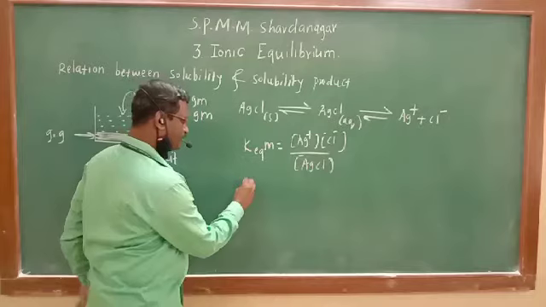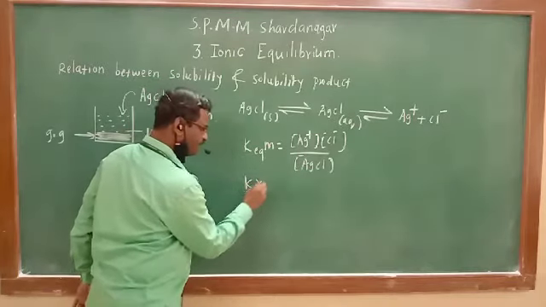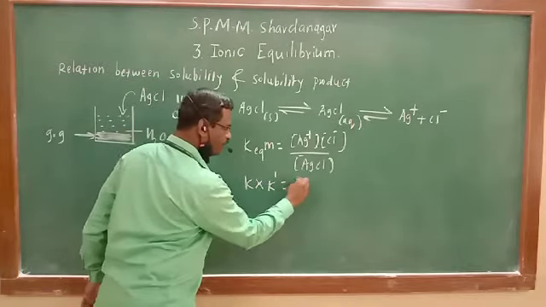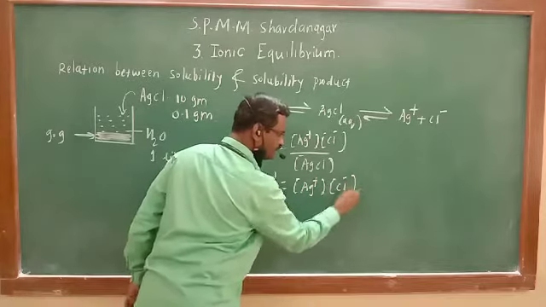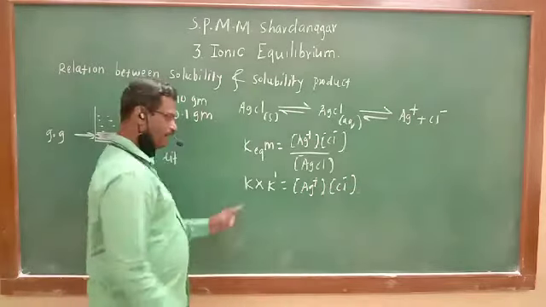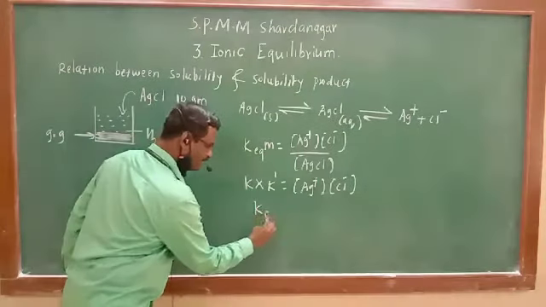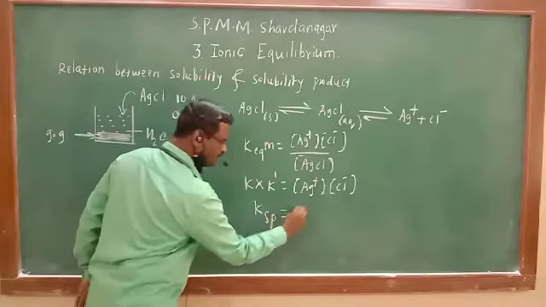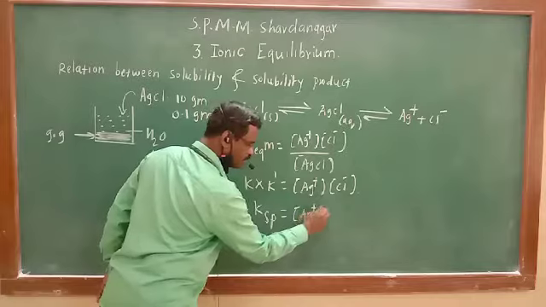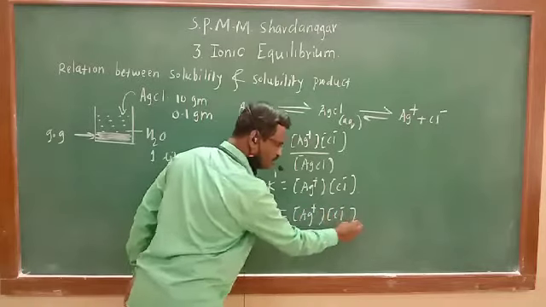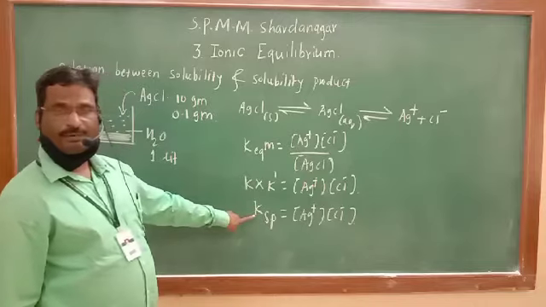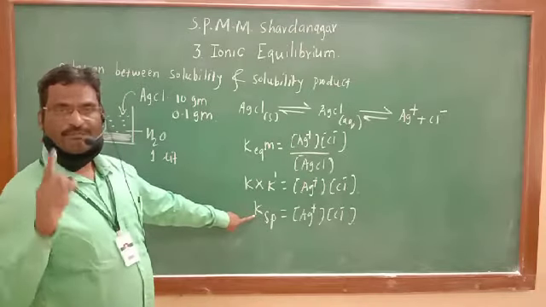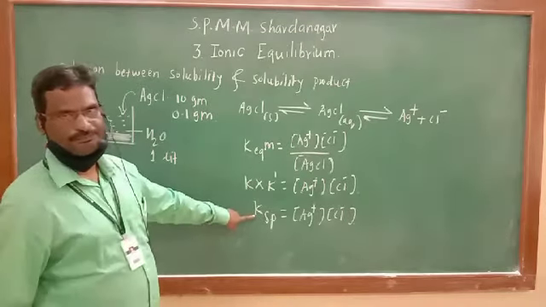This is K. Therefore K multiplied by K dash will be equal to the concentration of Ag plus ion into the concentration of Cl minus ion. This is known as KSP, the solubility product, equal to Ag plus ion concentration into Cl minus ion concentration. This solubility product is obtained for the saturated solution.